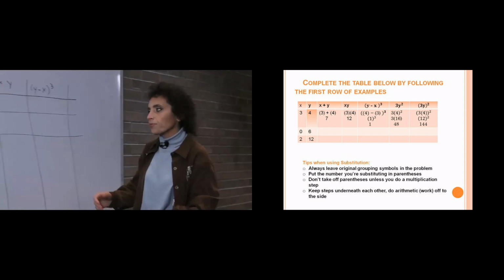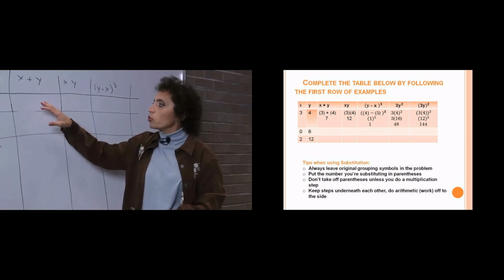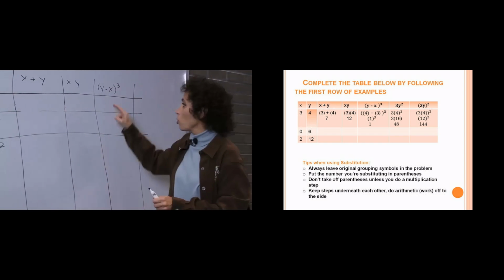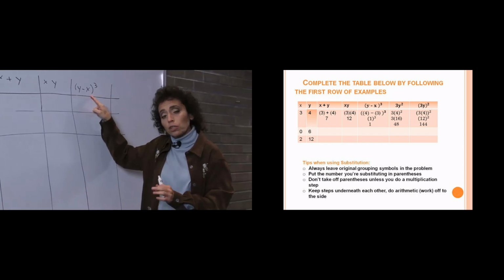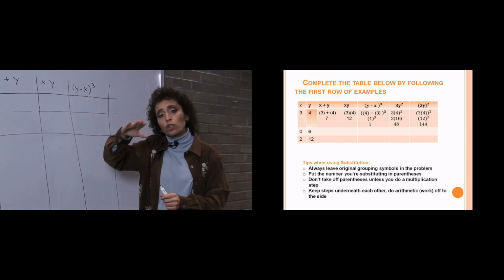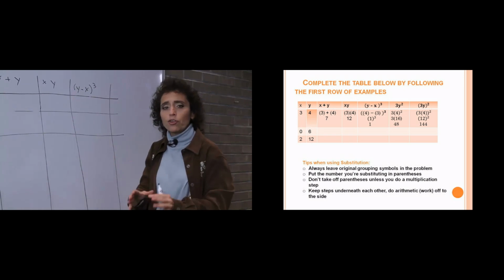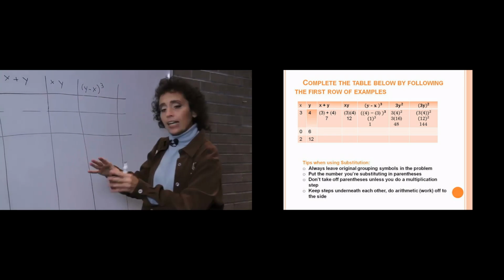Okay, let's see how you did. Remember, there's a couple of things we want to make sure we do. One thing is we want to make sure the numbers are put in parentheses. We want to make sure original parentheses stay on the problem, so you're going to be a little careful about that. You want to make sure you work down, and so if there's any work you have to do, you do it off to the side. And you want to make sure you keep everything nice and neat and you don't squish.